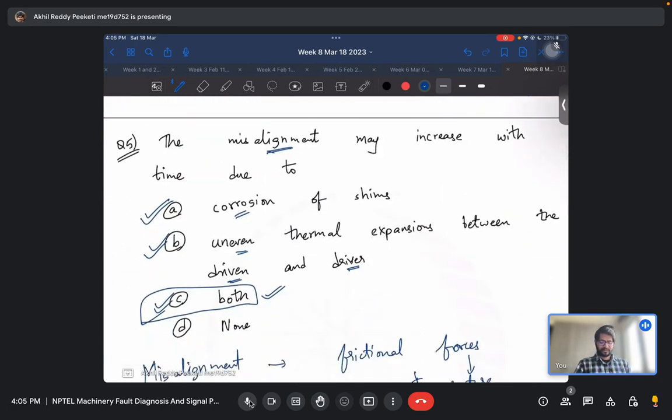And this misalignment can actually increase with time, because when there is some small misalignment, you add metal shims or bearings or jack bolts.